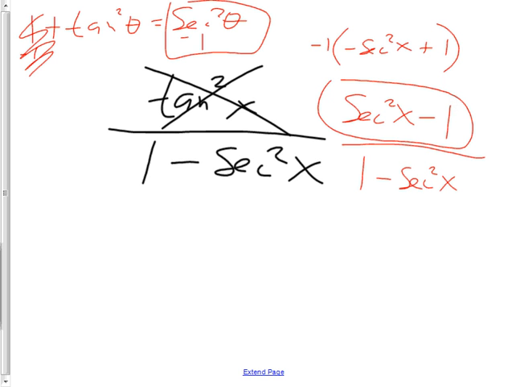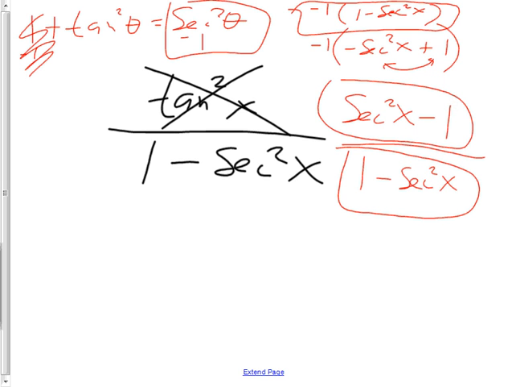I took the top and I factored out a -1. And now I'm going to take the top and rearrange it. Can't these guys switch places? 1 minus secant squared x. And now on the top I have that, and on the bottom I have that. And I can cancel. And the answer is -1.